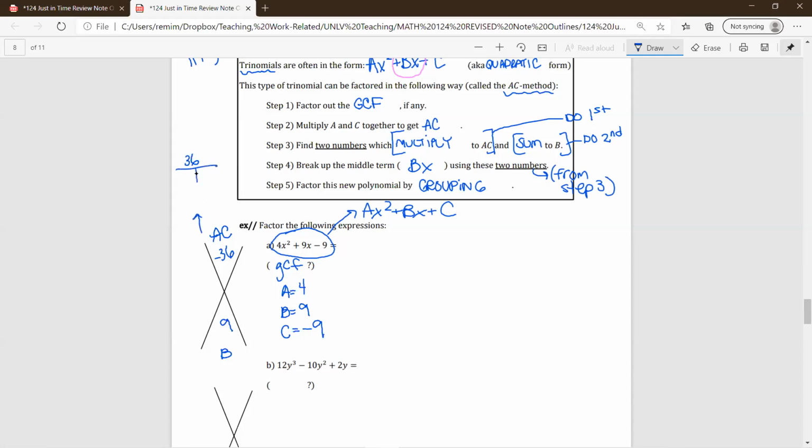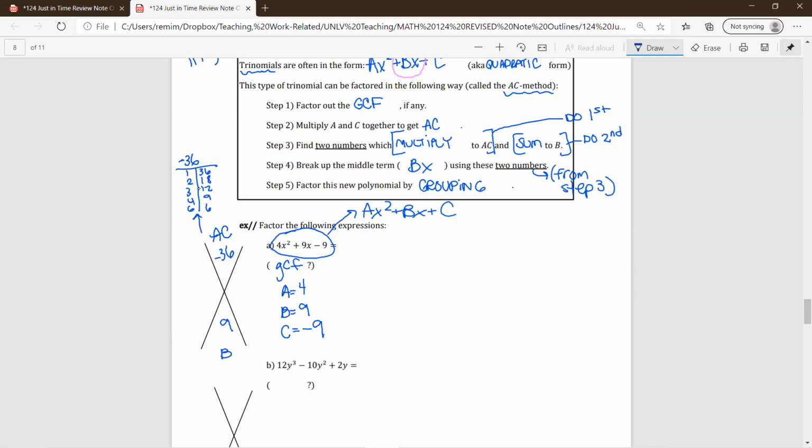36. Think of two numbers that multiply to 36. 1 and 36, 2 and 18, 3 and 12, 4 and 9, 6 and 6, and that's it. But it's negative, so one of the numbers has to be negative and one has to be positive for them to multiply to -36.